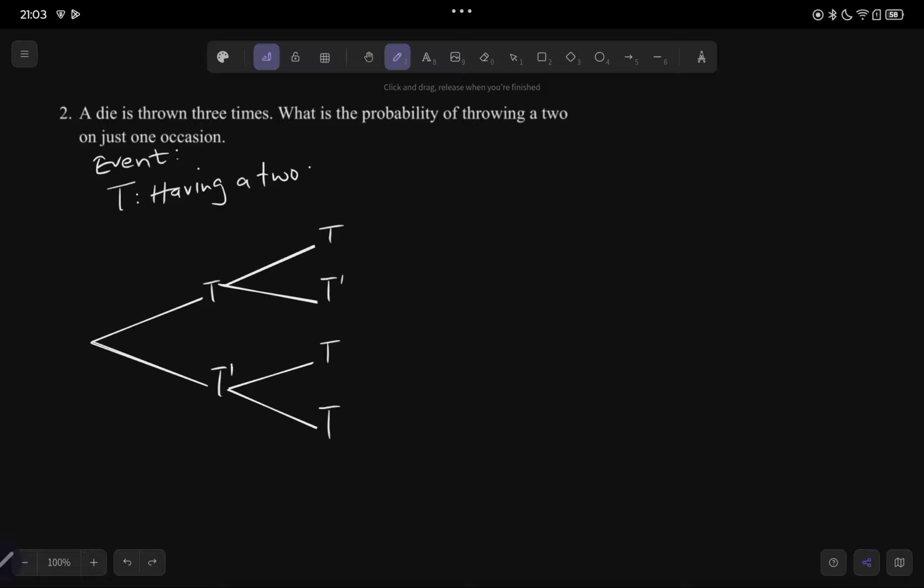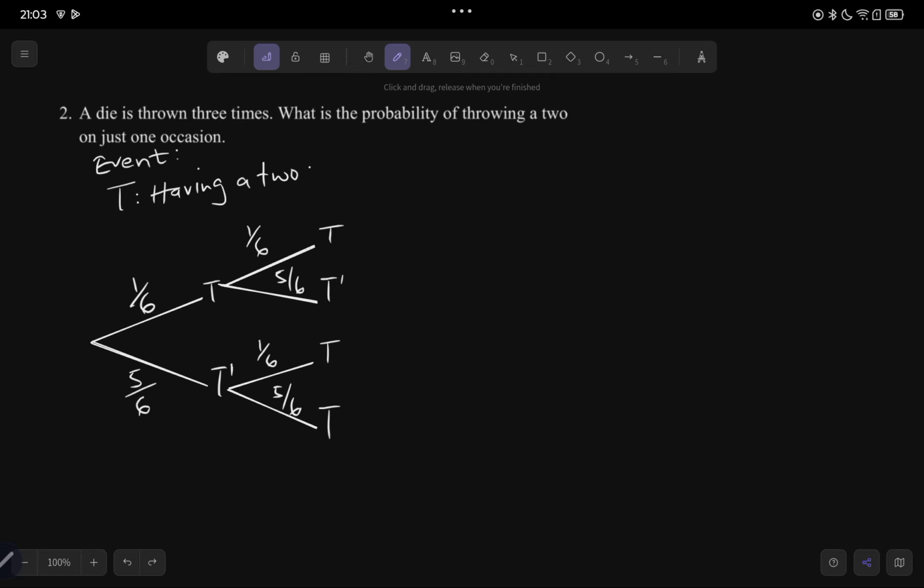Remember, the die has 6 sides, so the probability of throwing a 2 is 1 out of those 6 possible outcomes. So the probability of failing to get that 2 is 5 out of 6. The same thing applies here, because the die you are throwing is not changing.